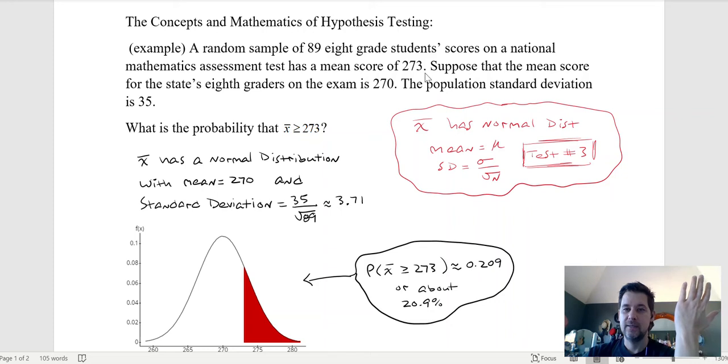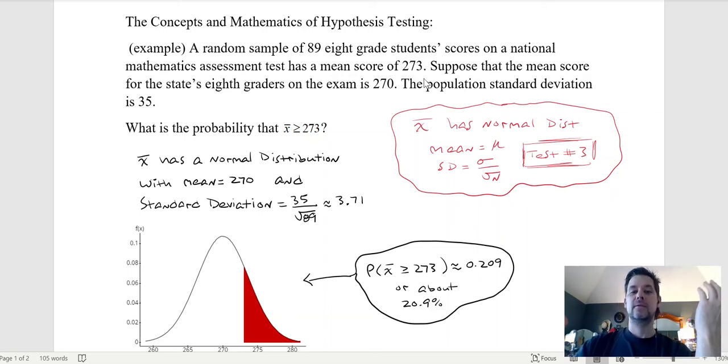We got a 20% chance of getting it. It's not real likely either, but it's not like it's really, really unlikely. It's entirely within the realm of reasonable possibility that we got that number. So I'm trying to say that there's nothing suspicious about any of this. The fact that the population mean is 270 and that we had a sample of 89 and that the mean among that sample was 273. Nothing strange about that. None of the numbers were exceedingly unlikely.